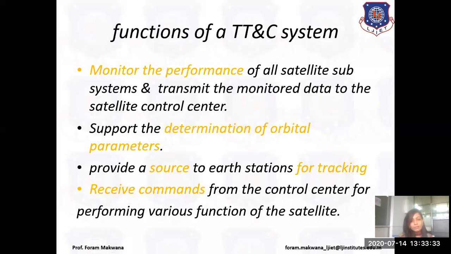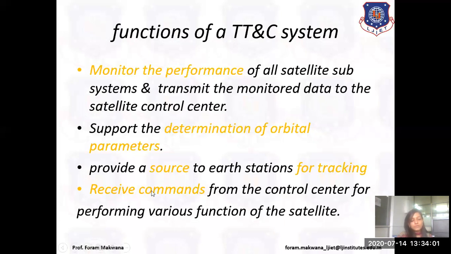Based on that, we are able to find out the antenna's look angle in such a way that my satellite will always be pointed towards my Earth station antenna. Okay, as we have studied, there are two different types of antenna look angle. One is azimuth, second one is elevation. Azimuth means horizontal, elevation means vertical angle. Okay.